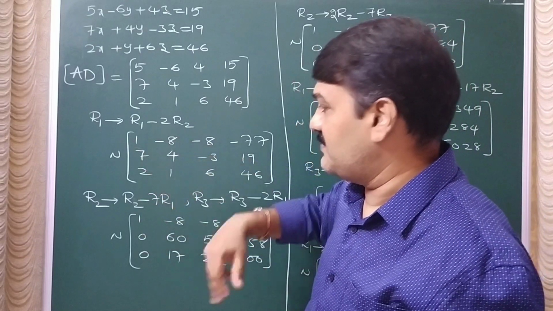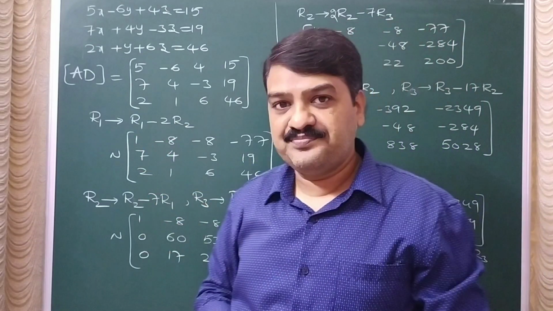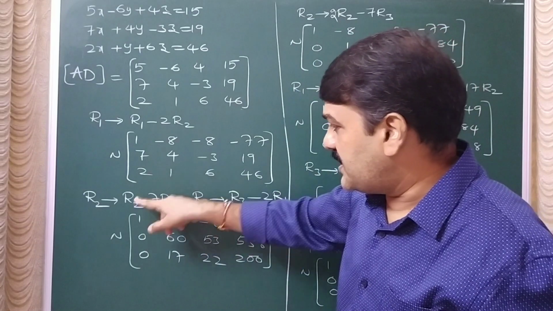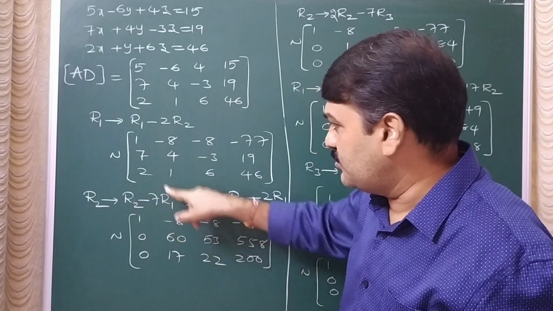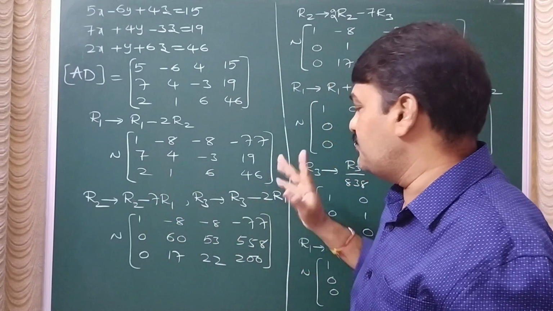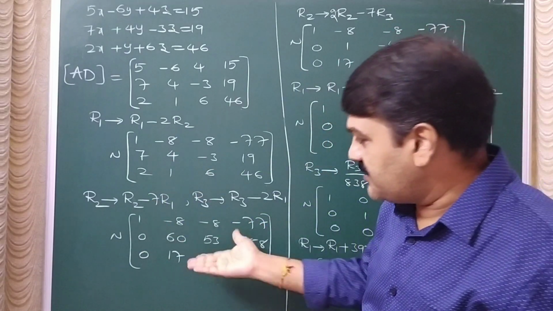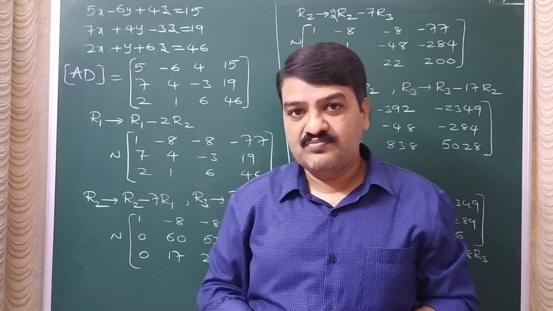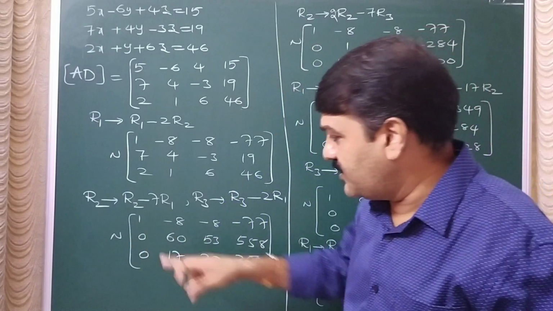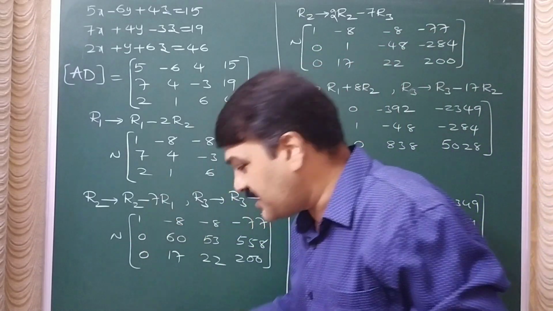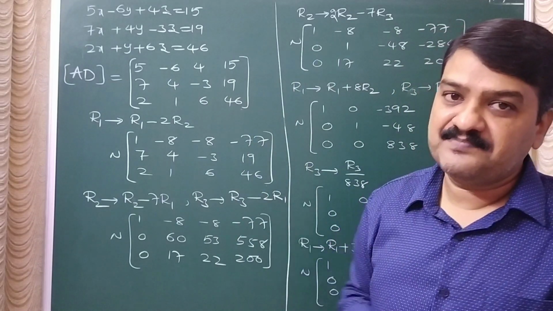R3 minus 2R1, 2 minus 2 we will get 0. So R2 minus 7R1 we will do, and R3 minus 2R1 we will do, to get 0 in these two places. So our first step is completed. We got 1 0 0 in the first column.